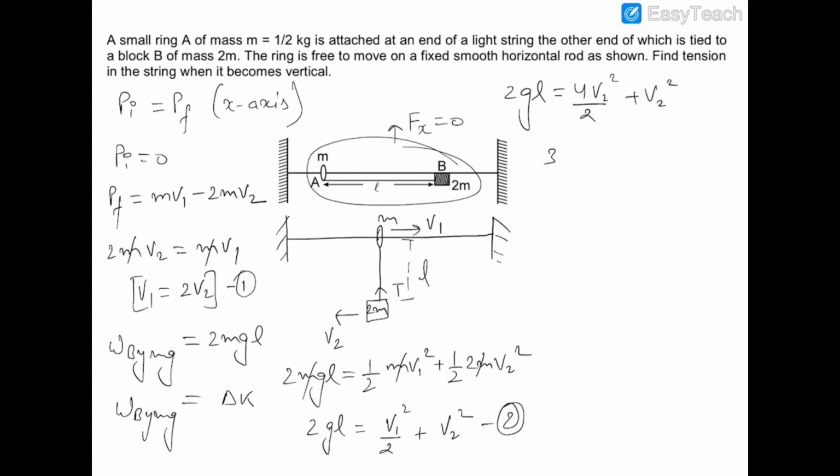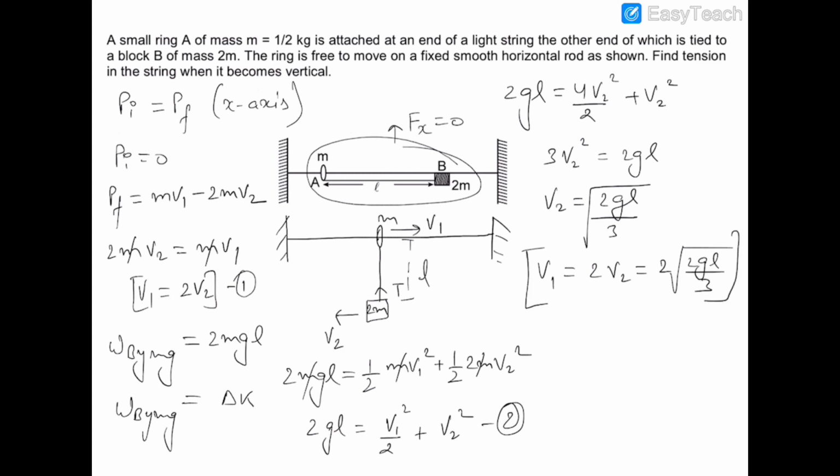So this is 3 v2 square is equal to 2gl, and v2 is equal to under root of 2gl by 3. Now this is the value of v2, and to obtain v1 we can see that v1 is equal to 2v2. So this is 2 under root of 2gl by 3. This is the value of v1.